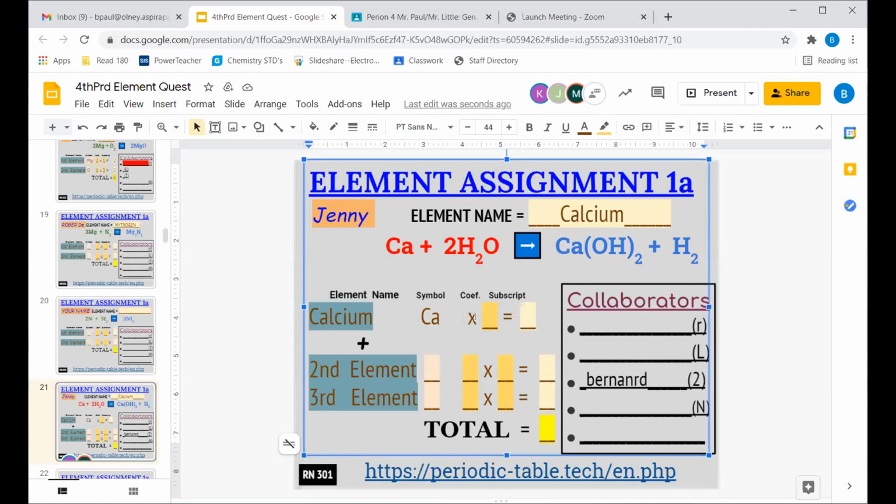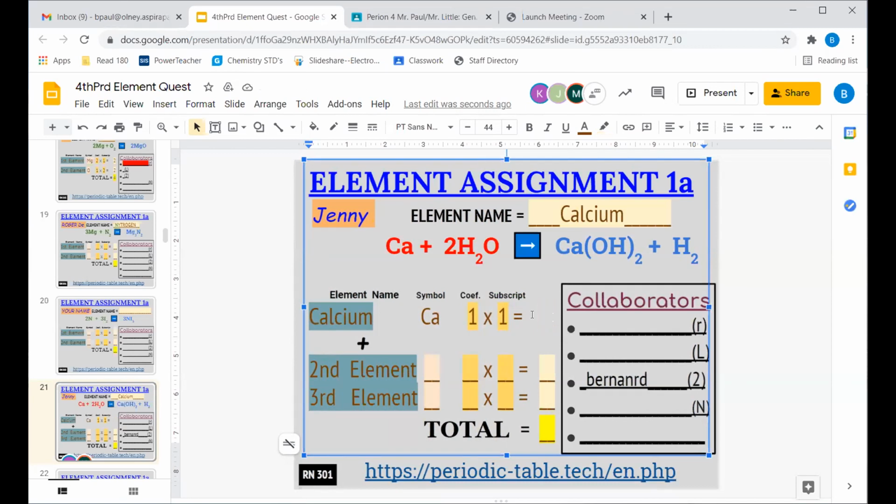The coefficient is 1 and the subscript is 1. Wait, the subscript is 1. There you go. Excellent.